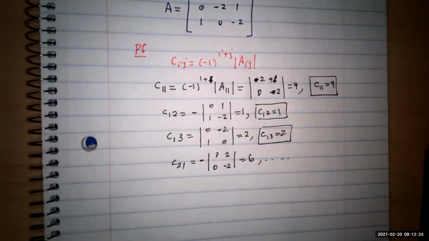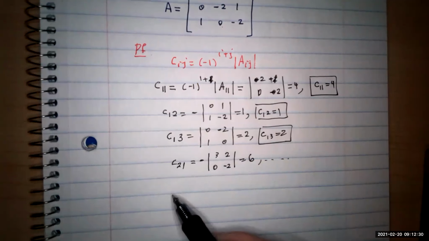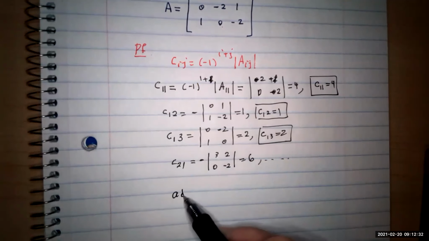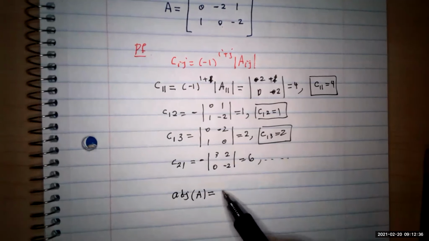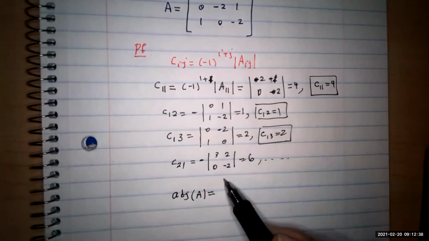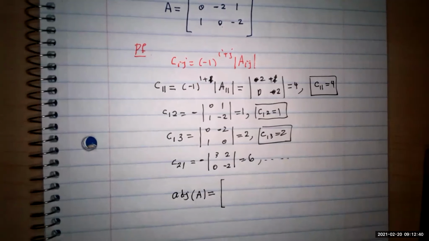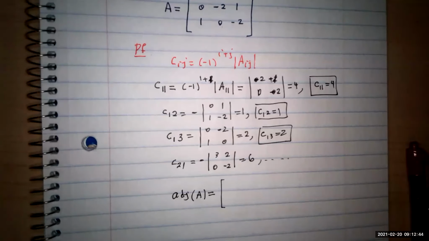Okay, so I give you the result. This is going to be the result. If you get that, then the adjoint of A. Oh, sorry, first I have to get the cofactors first.